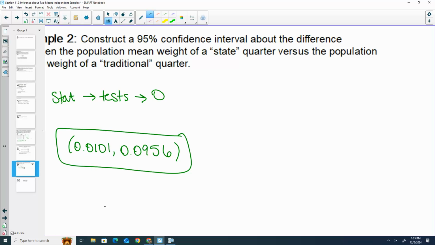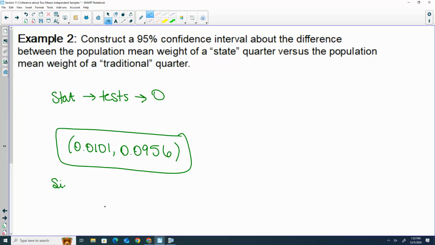It's not, so we have evidence to believe it's different. Any questions there?